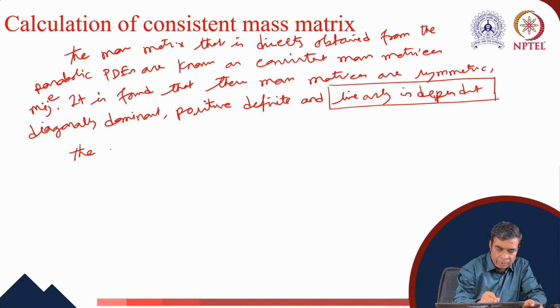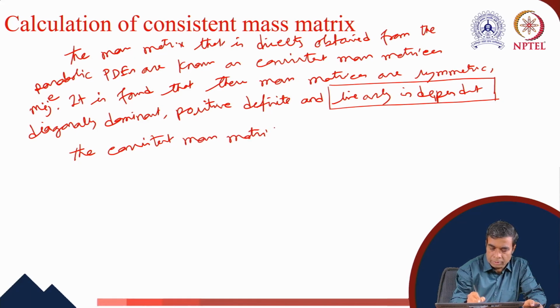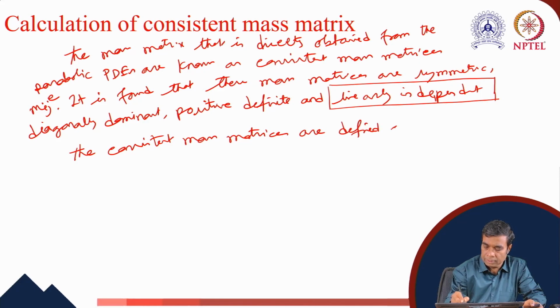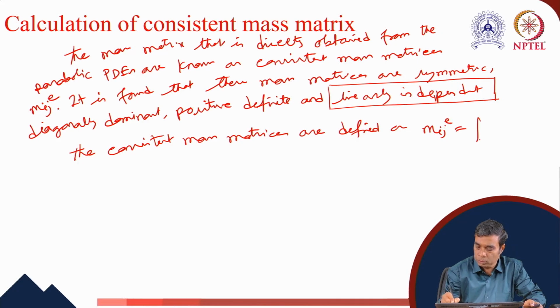The consistent mass matrices are defined as MIJE equals integration over omega e psi IE psi JE d omega e.